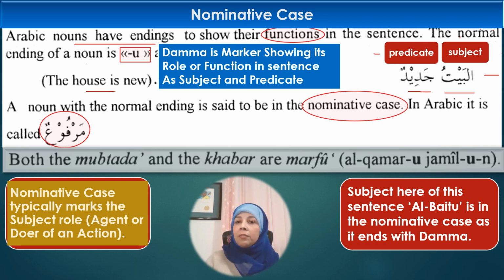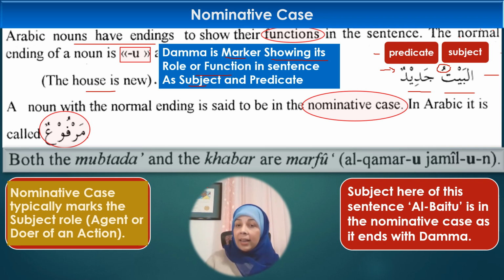Now observe that Al-Baytu ends with a Dhamma. So this Dhamma is a marker showing its role or function in the sentence as a subject. And Jadidun also has a Dhamma, Tanween Dhamma, in its ending, and this ending also serves as a marker showing its role as a predicate in the sentence.